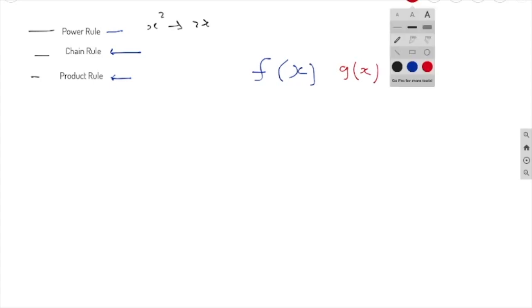So, for the chain rule, what we are looking to see is the function f acting on the function g of x.